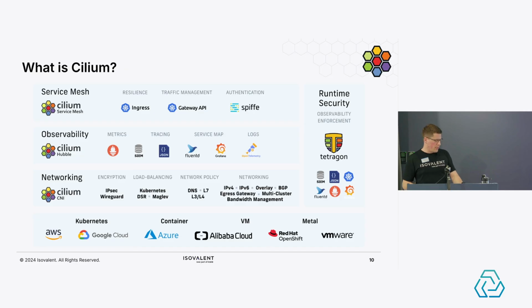So what is Cilium? Cilium is essentially a CNI plugin that implements networking for your Kubernetes cluster, which also includes cloud distributions like EKS and the other major ones. At its core, it provides networking functionalities for pod-to-pod communication, but also if a pod tries to connect to the outside world, or if an external user or external system is trying to reach some workloads running on the cluster.